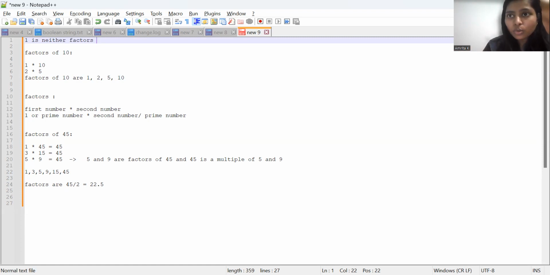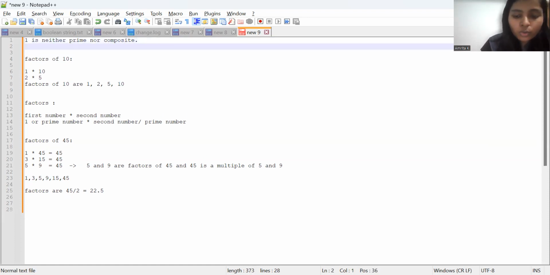And it is good to know tables until 20, 1 to 20 of each prime and each composite number. One is neither prime nor composite.